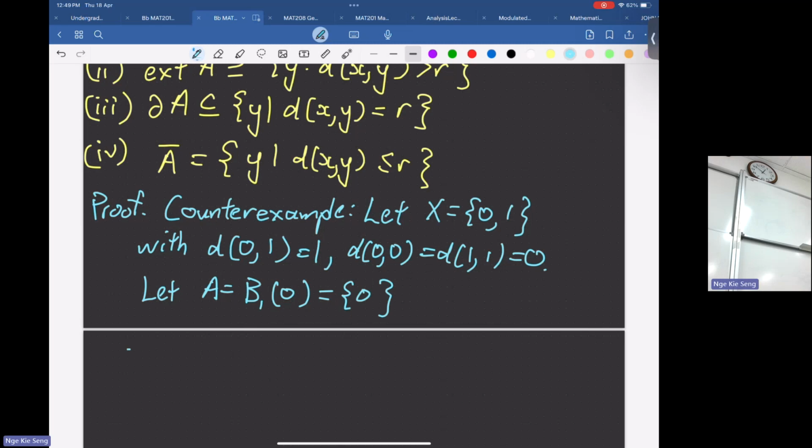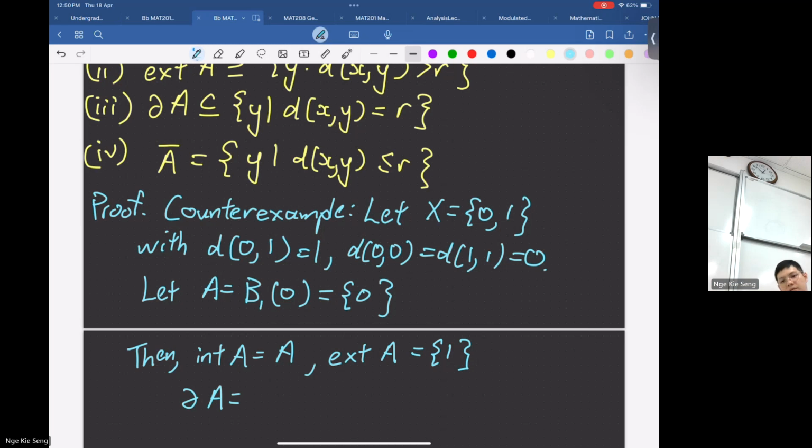Okay, and then you can check that the interior of A is A. And what's the exterior of A? It is 1. Okay. And what's the boundary of A? What's the boundary of it?